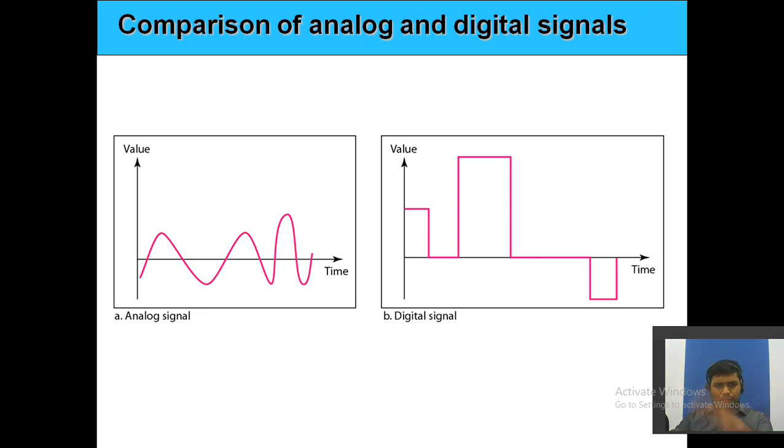There is no particular speed we can read in an analog signal. We cannot find a particular speed limit, but in a digital signal we find the exact value.